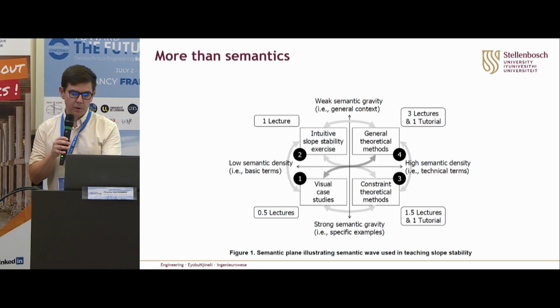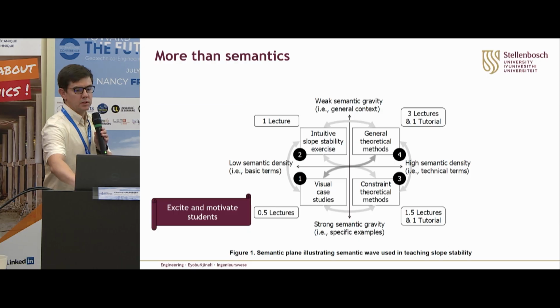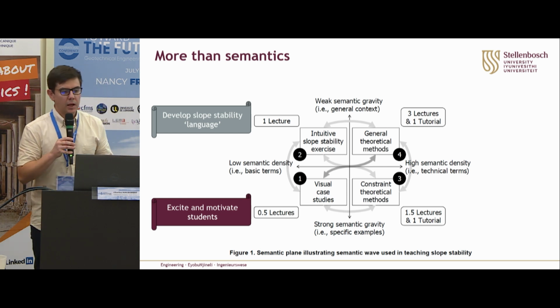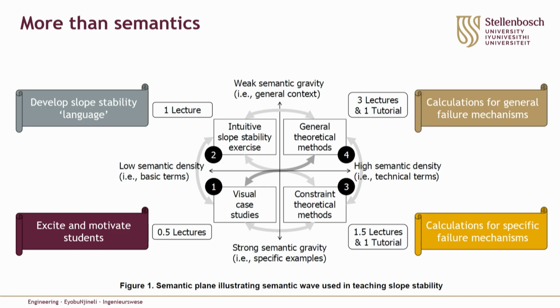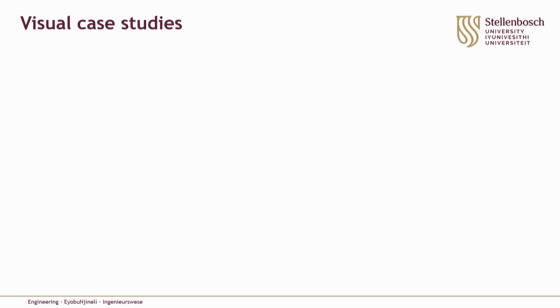You can read up more about this in the paper. So just to summarize: excite and motivate students; in the bottom, develop slope stability language, calculations for specific failure mechanisms; and then calculations for general failure mechanisms at the top there.